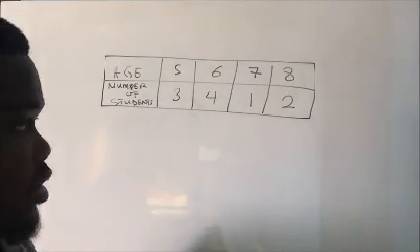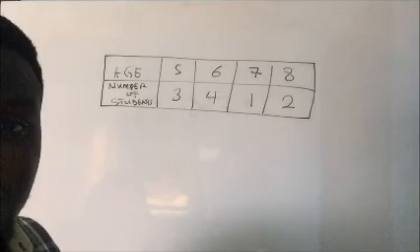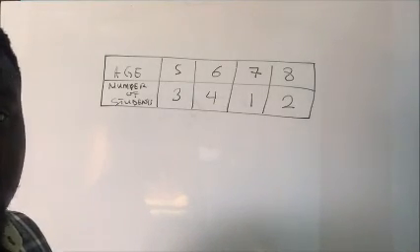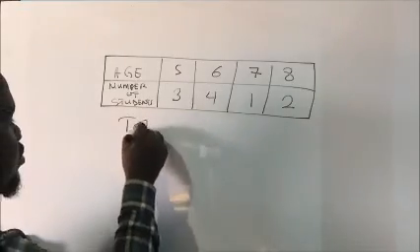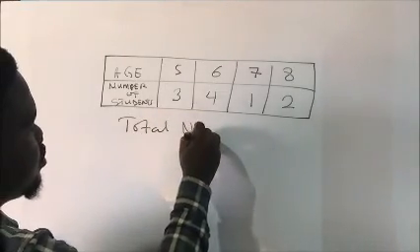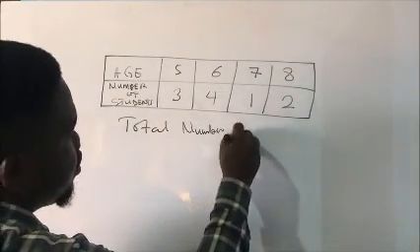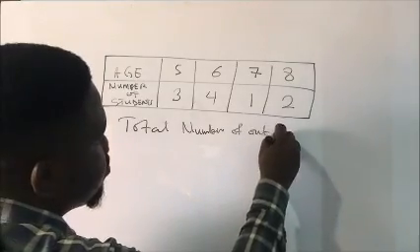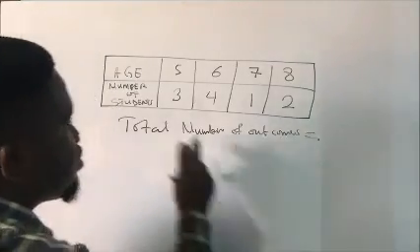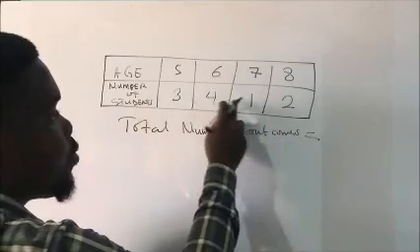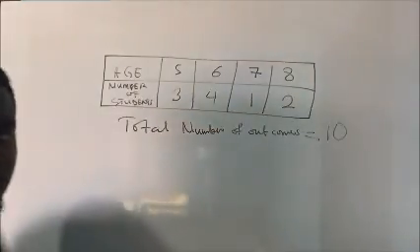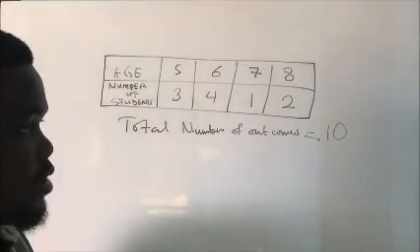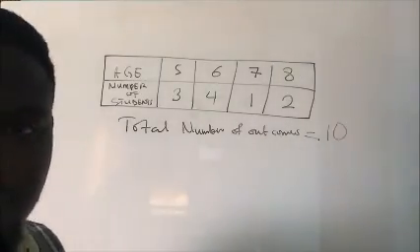Think about it. Total number of students is the total number of outcomes. So you need to find that. The total number of outcomes is 3 plus 4 plus 1 plus 2, giving us 10. So the total number of outcomes is 10.